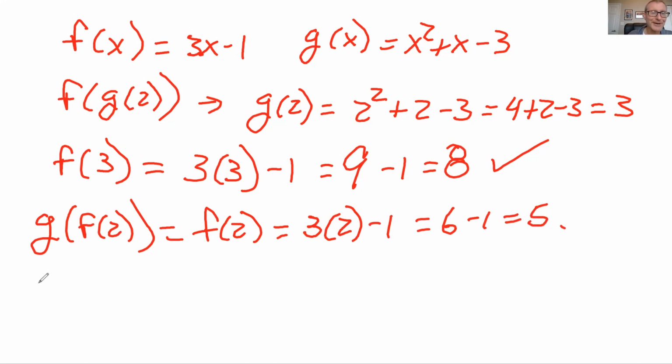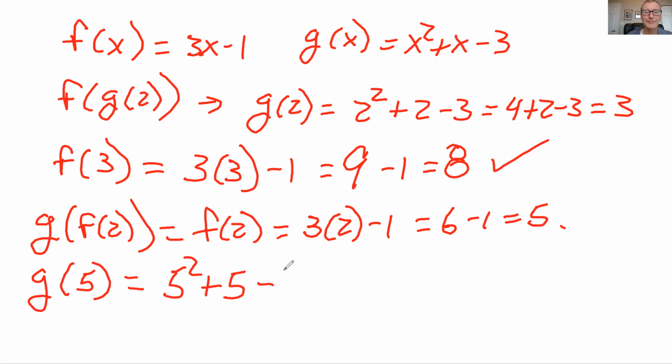Now this 5 would replace the f of 2, and that's what you plug into g. So when we do that, we get 5 squared plus 5 minus 3. That's 25 plus 5 minus 3, and that would equal 27.